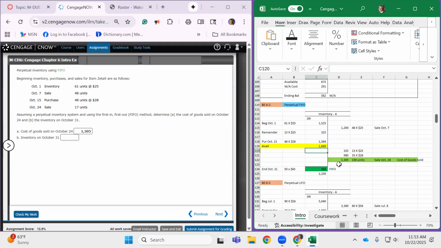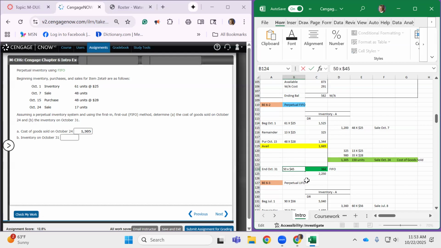If you have 61 and you buy 48 more, and you sell 48 and sell another 48, you should have 13 remaining.